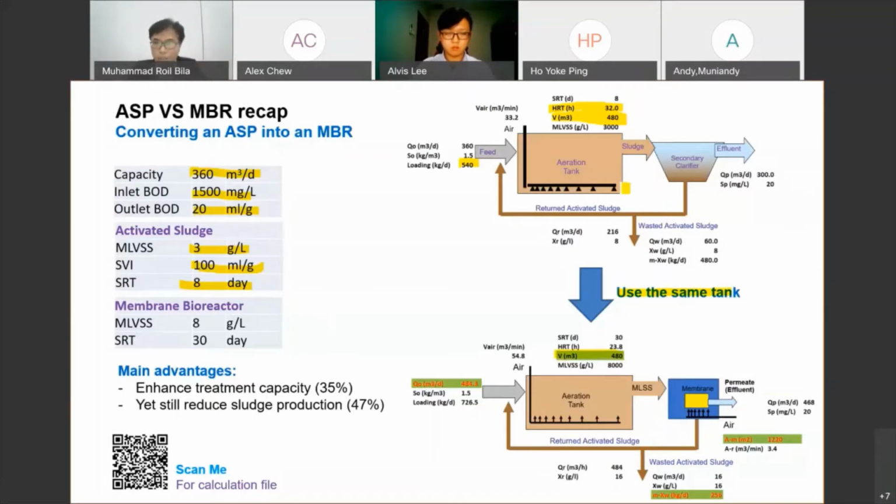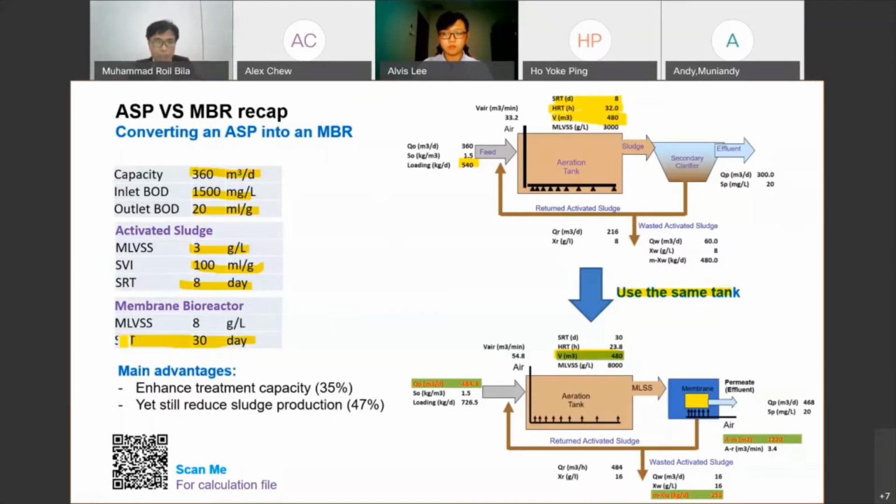Instead of using activated sludge, using exactly the same tank, we'll use membranes to replace the clarifier. What we are going to do is very simple. MBR allows us to operate at longer SRT. So we set SRT, instead of 8 days like here, to 30 days.